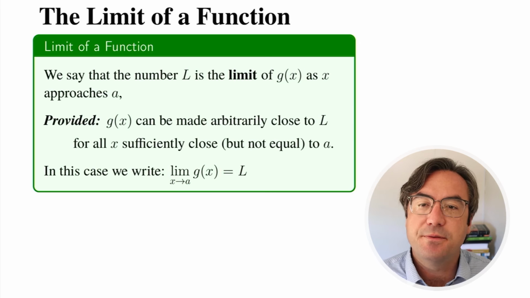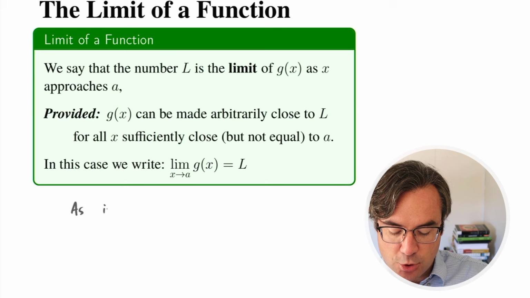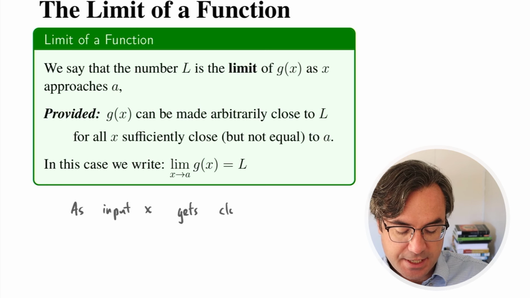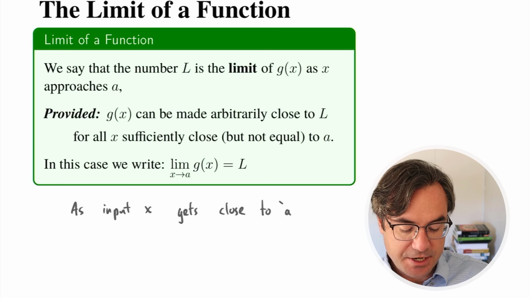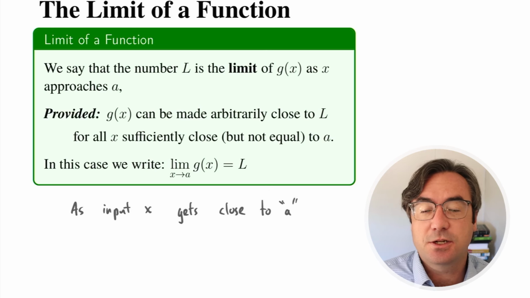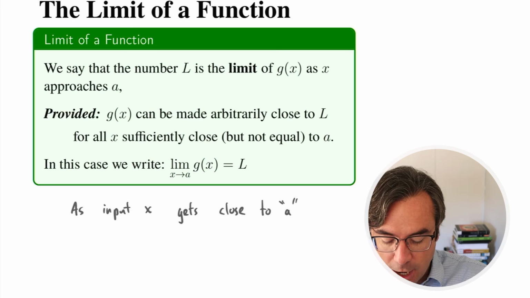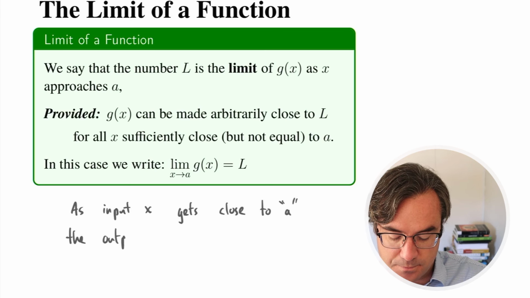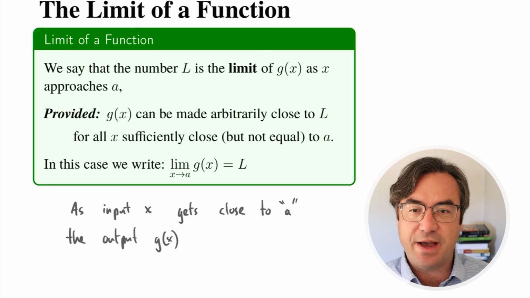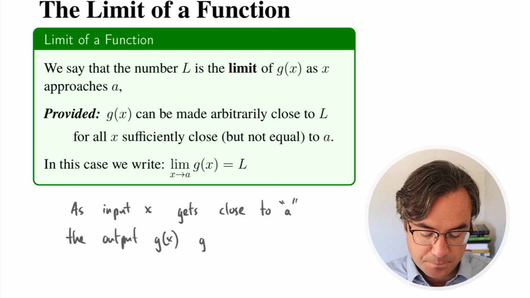A way to think about what the limit actually is: as input x gets close to a, and a is here as a number, a specific place along the x-axis. As our input x gets closer and closer to this place we're interested in, number a, the output of our function, which we'll call g of x, gets closer and closer to some number L. That's what a limit is telling us.